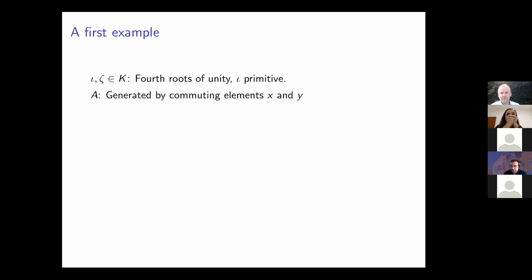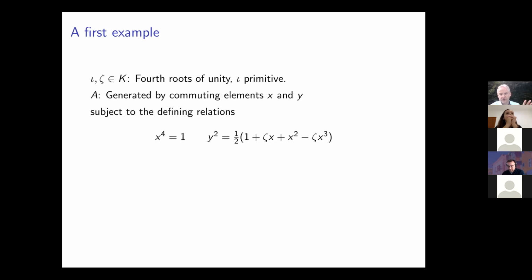The Drinfeld Hopf algebra is generated by two commuting elements x and y, which are subject to the following defining relations. First of all, the fourth power of x is equal to 1, and the square of y is equal to this relatively complicated expression in x, which involves zeta but not iota.